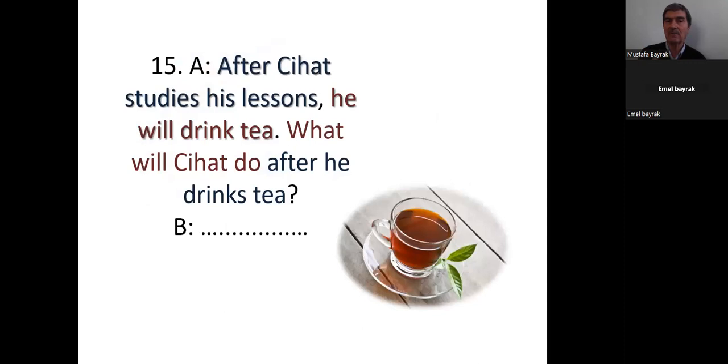After clause. After Cihat studies his lessons, he will drink tea today, okay? Or tomorrow afternoon. What will Cihat do after he drinks tea? After he drinks tea, he will join a meeting.